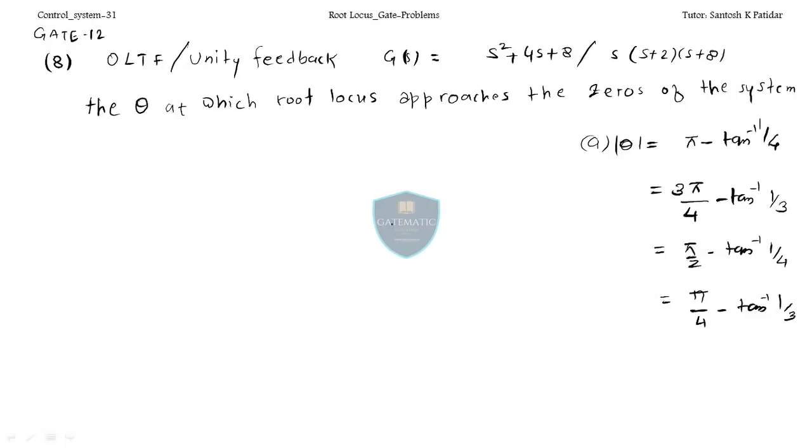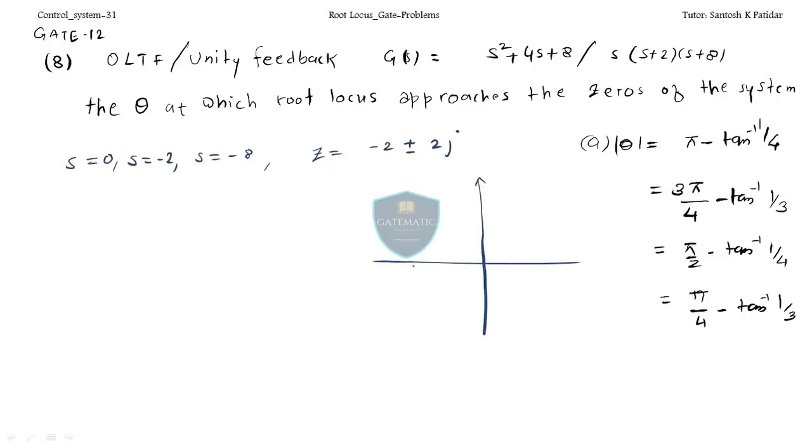Let's find the graph. Let's construct the graph. Over here the number of poles you have is equal to 0, is equal to -2, is equal to -8. Number of zeros you have, if you will solve this equation, you will find -2 plus 2j, -2 minus 2j. Okay, so let me draw the location of these points in the S plane.